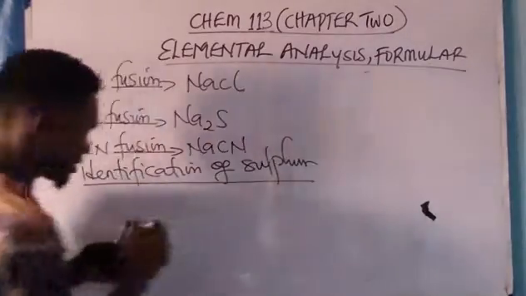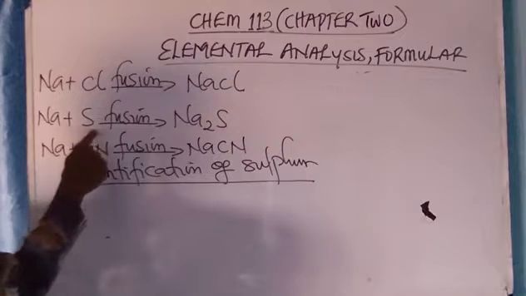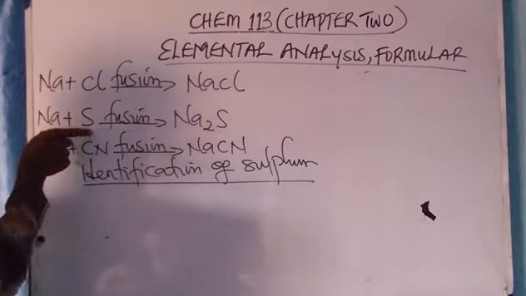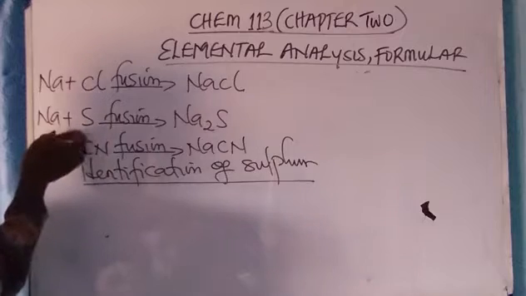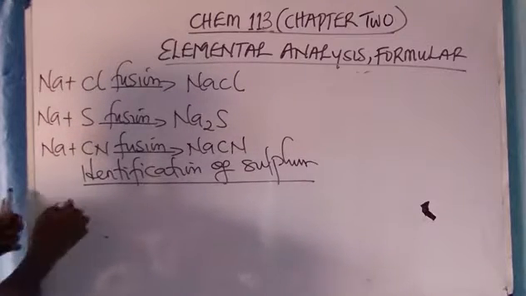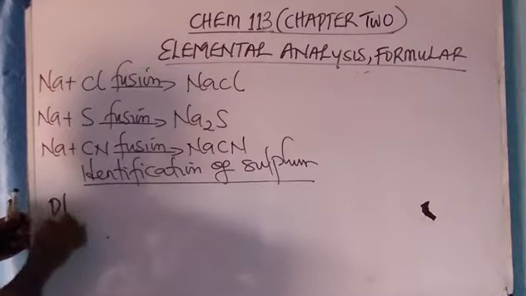Now, to identify sulfur, you can see that we have sodium sulfide. To this sodium sulfide, lead acetate is added and converted to lead sulfide.